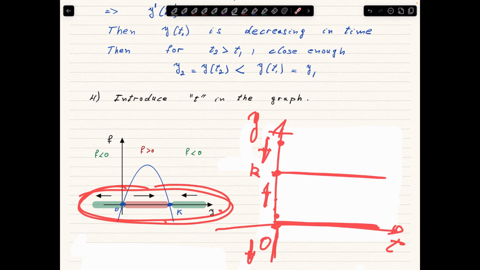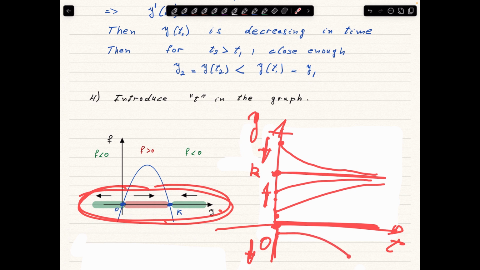If you start with initial data here, the solution has to decrease. It can never cross the constant solution. If we start with the solution here, it has to increase. It can never cross the equilibrium solution. If we start here, the solution can never cross. If we start here, the solution has to go like this.